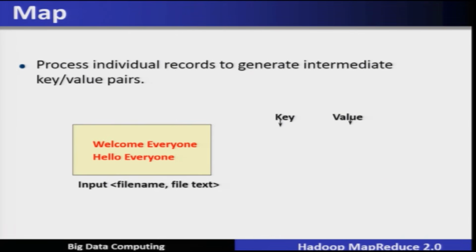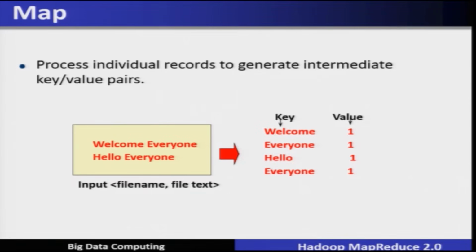So, MapReduce takes a huge collection of data set. First, it will be considered in the form of key value pairs. For example, if the document is, let us say, welcome everyone, hello everyone.